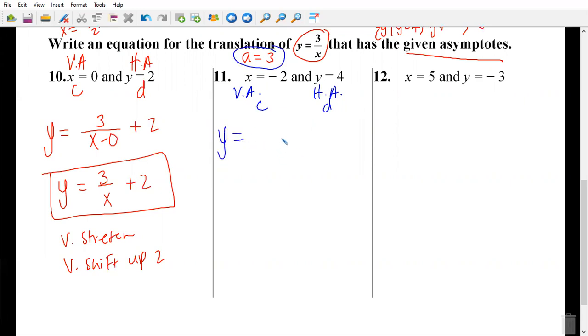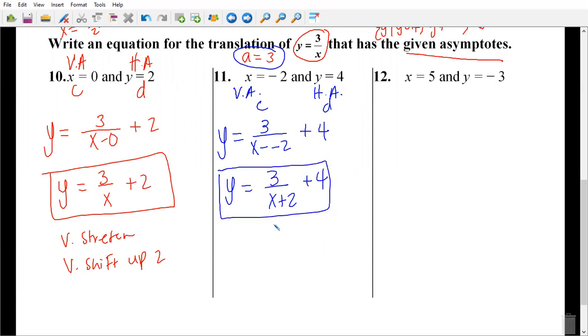Y equals A, which is 3, over X minus my C, which is negative 2, plus my D, which is 4. So we have Y equals 3 over X plus 2 plus 4. So vertical stretch 3, we're going to go left 2 and up 4.